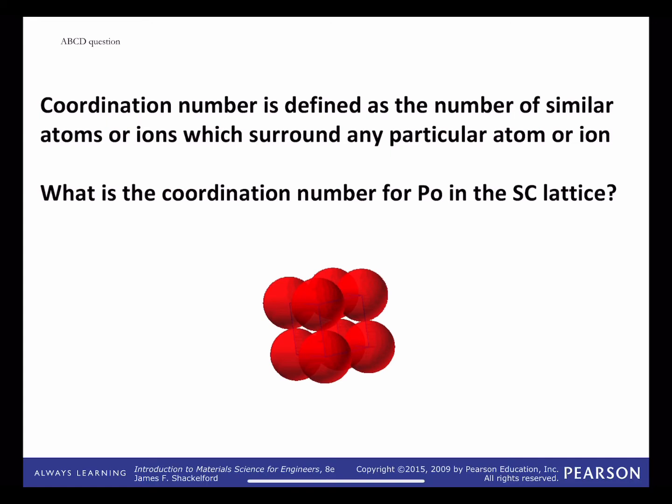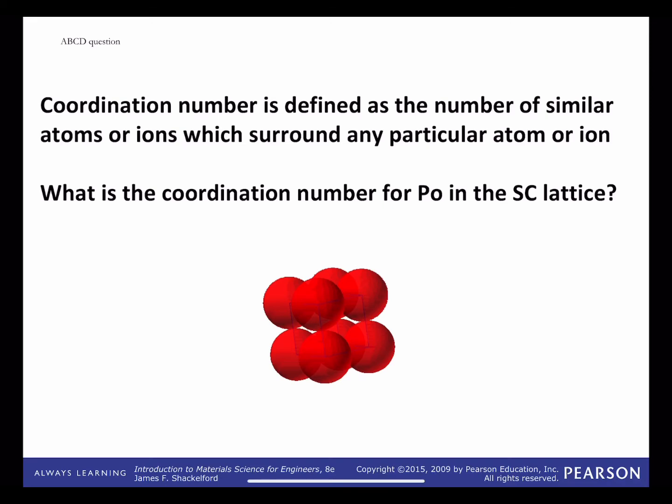Okay, let's recall what we understand about the coordination number. So coordination number, of course, is defined as the number of similar atoms or ions which surround any particular atom or ion. So we might ask, what is the coordination number of polonium in this lattice?